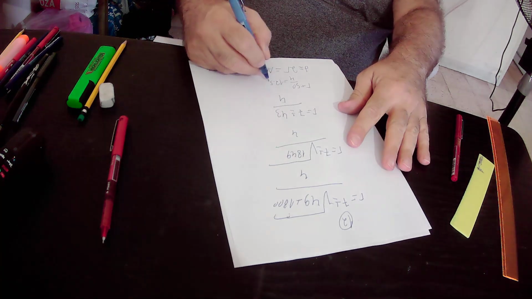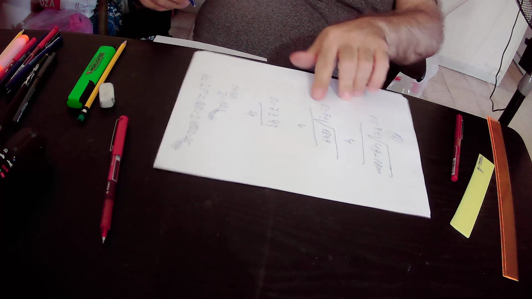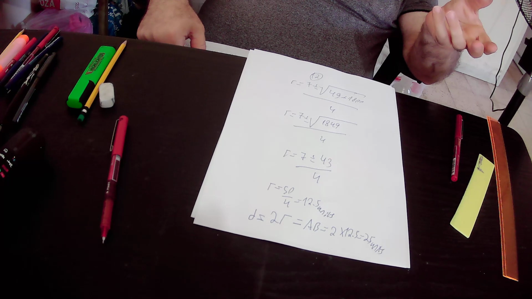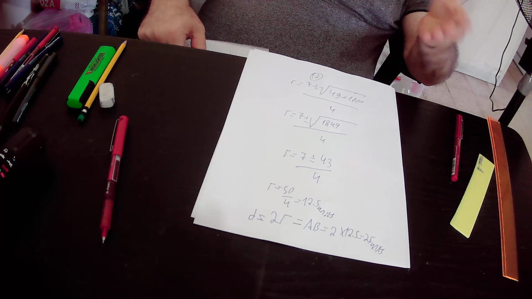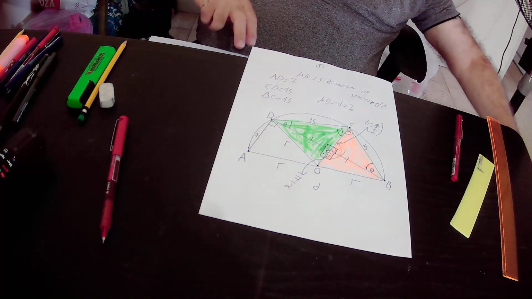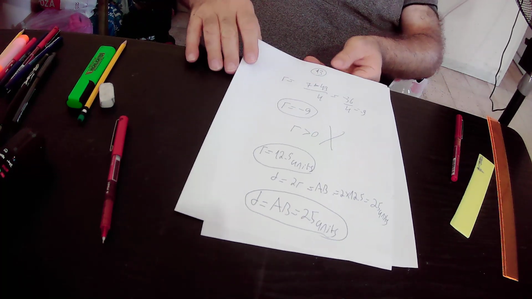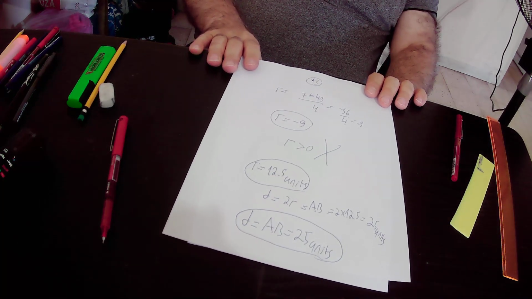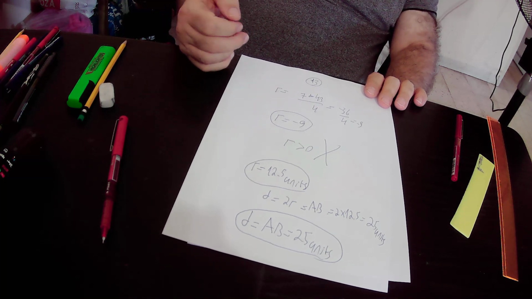The radius of the semicircle equals 12.5 units. And we know that the diameter of any circle or semicircle is 2 times the radius. So 2 times 12.5 is 25 units. The other solution that we got from solving the quadratic equation is r equals -9, and it is an incorrect answer because the radius of any circle must be a positive number.